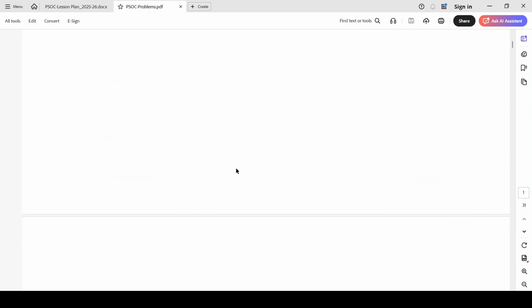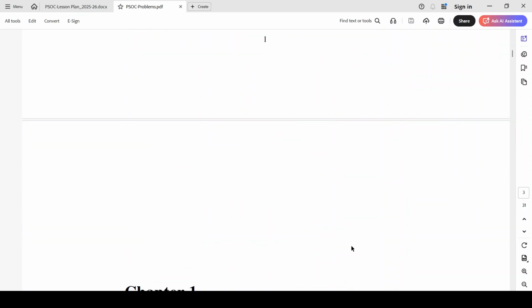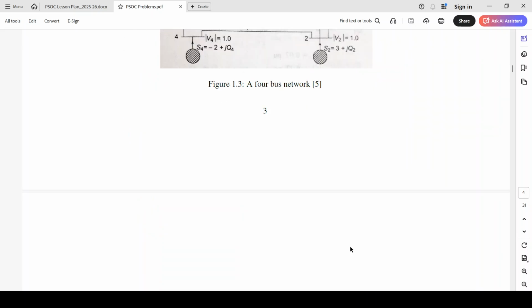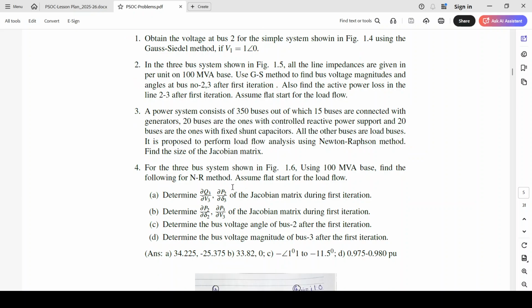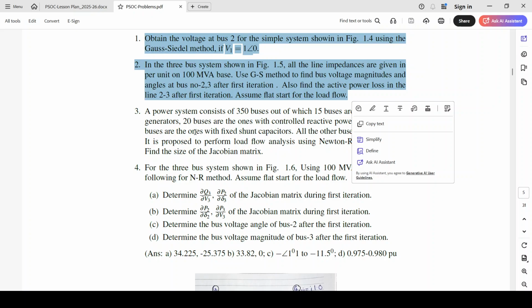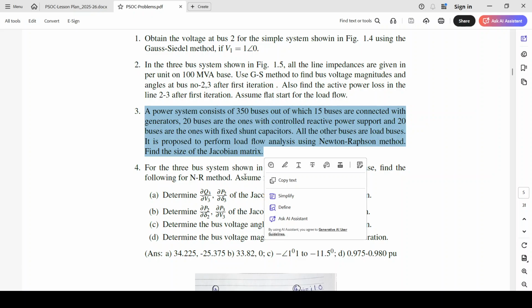If you see here, we are now in load flow studies, solution to the load flow problem. The first two were related to the Gauss-Seidel method. Now question number 3 is related to the size of the Jacobian. This is from an NPTEL course, power system analysis.